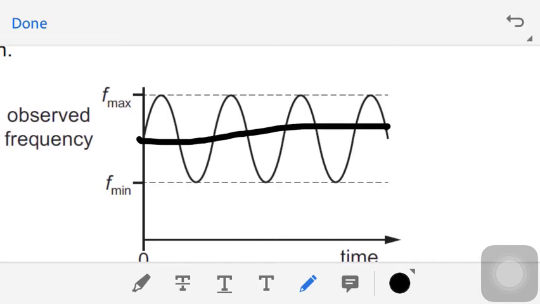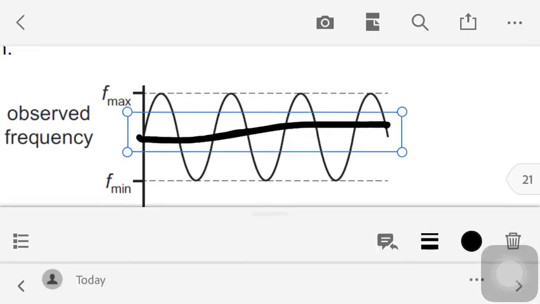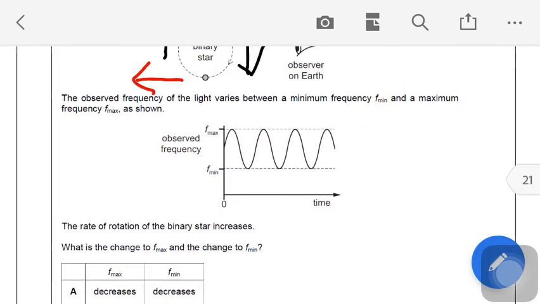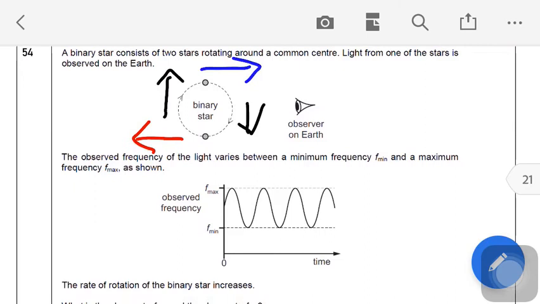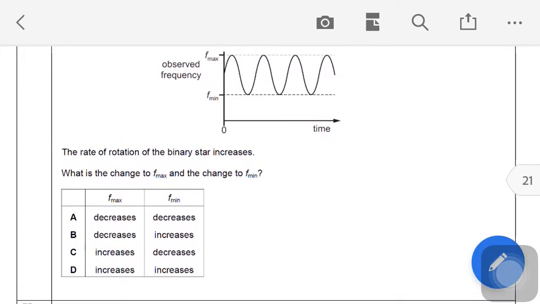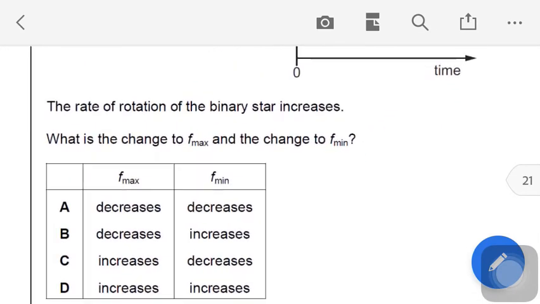Okay, the question is not asking you about the source frequency, but it is asking you what will happen if the rate of rotation increases. So if you haven't read the question, please pause the video and read it. So the rate of rotation of the binary star increases. What is the change of F max and F min?